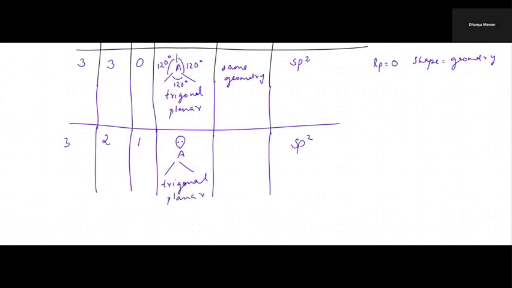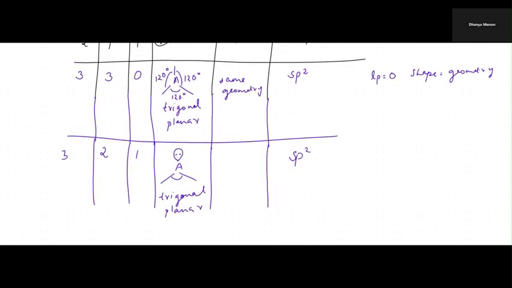The angle here will not be 120 degree. Let me draw these bond angles, bond pairs correctly. This angle will not be 120 degree like the previous one. Here it was 120 degree, right? But here the bond angle will not be 120 because there is repulsion between lone pair and bond pair.